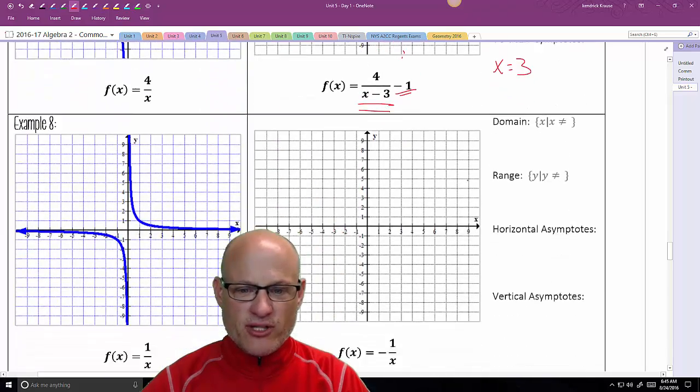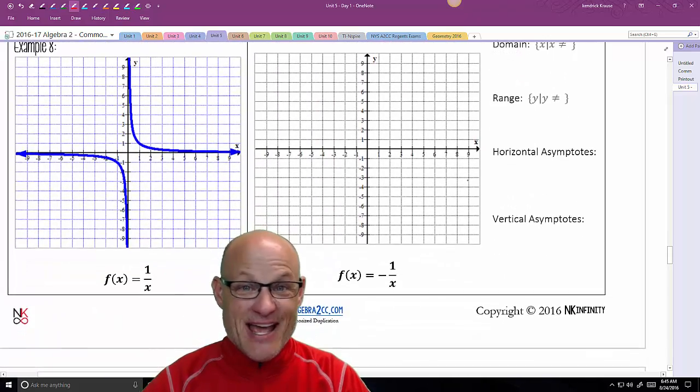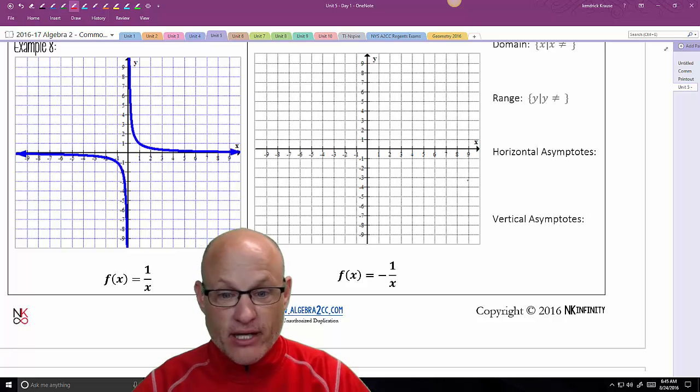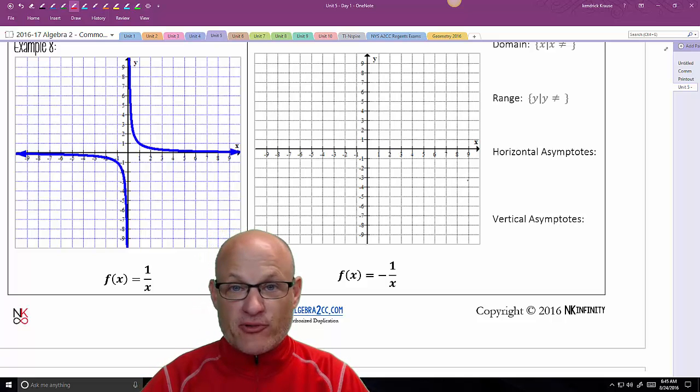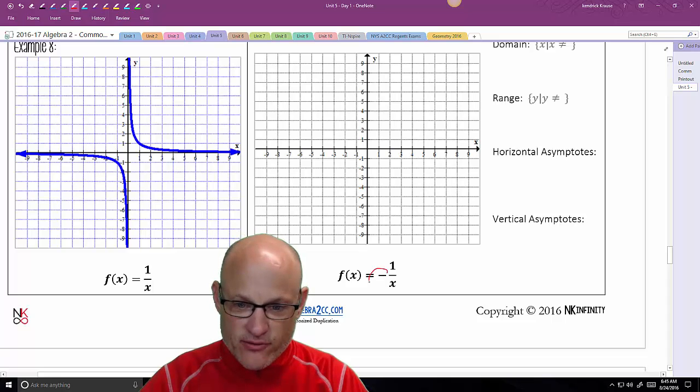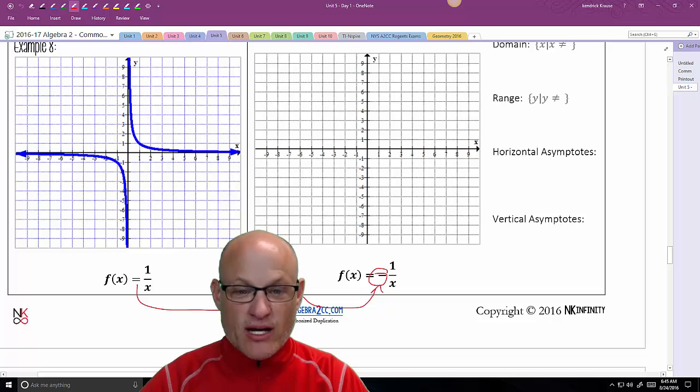All right. We have something changing? We've got to change. We don't go to the left. We don't go to the right. It looks pretty much, for all intents and purposes, the same except for this. See? No negative, negative. And you've got to remember that means we have a reflection in the x-axis.